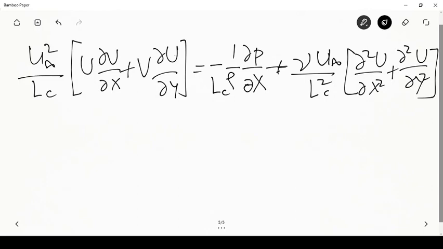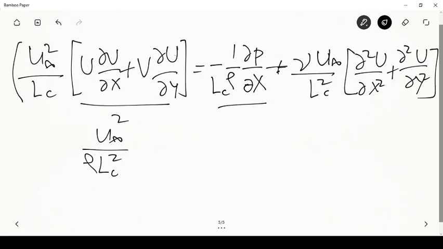I can take this u infinity squared by LC to the other side, so that the left hand side has no other coefficients. So what will happen? This will remain here. What will happen to this term? I'll get a u infinity squared divided by LC squared into rho, multiplied by del small p by del x.